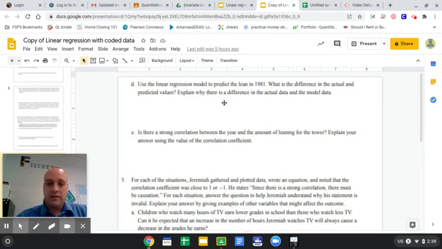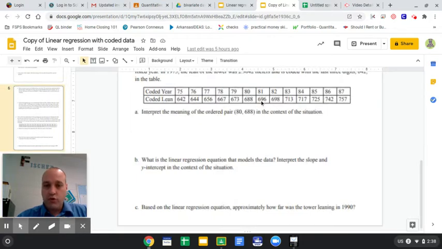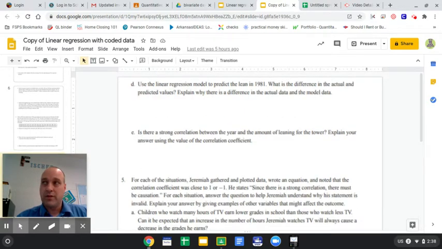Remember, the m and b is what the calculator is going to give you. What is the difference between the actual and predicted values? So if you go back up here, they actually told you what the actual value was. Whatever your calculator comes up with, compare it to this number. Is it going to be more or less? So there is a difference, but it's close, but there is a difference.